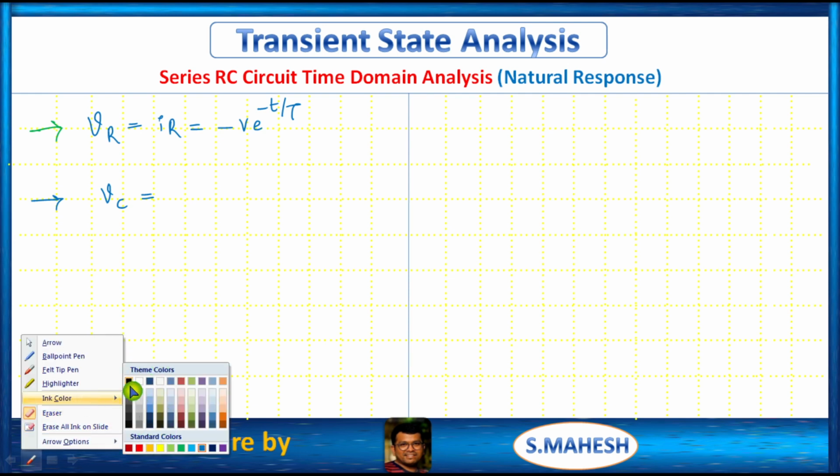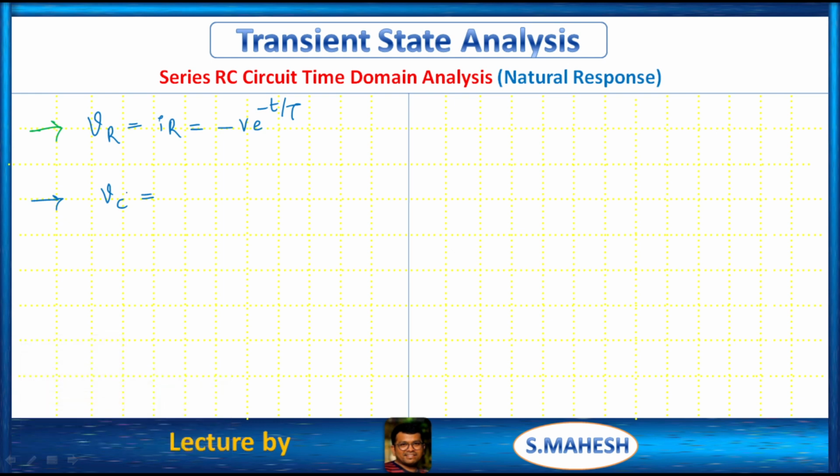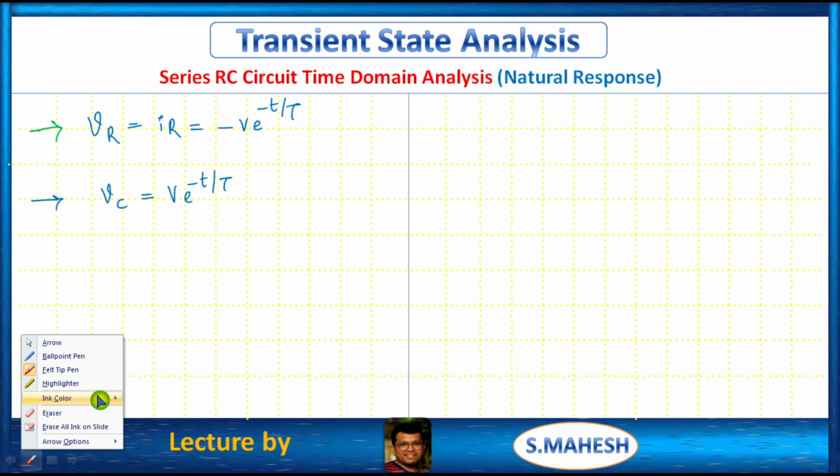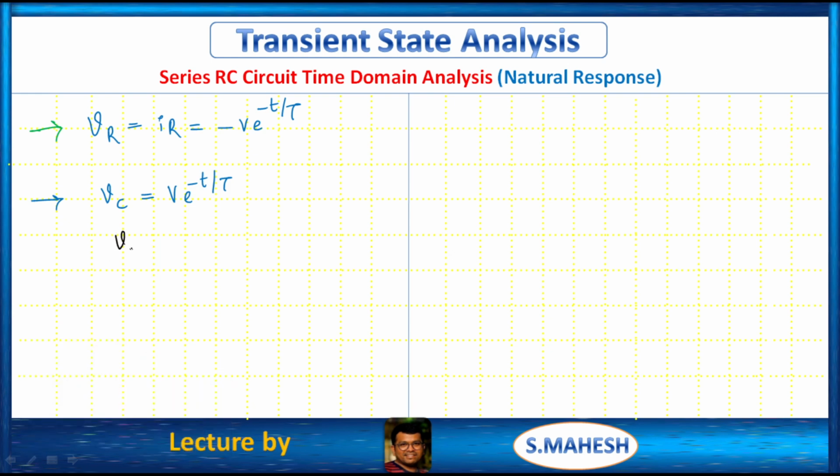Sorry, this is with respect to DC excitation, right? So 1 by C integral I dt, the current through the capacitor. What is that? Yeah. This is what? V into e power minus t by tau only. Because how we can get that? VC, which is equals to V minus VR. Here V is equals to 0, which is equals to minus VR, which is equals to VC, right? VC is equals to minus VR. That's why we got like this.